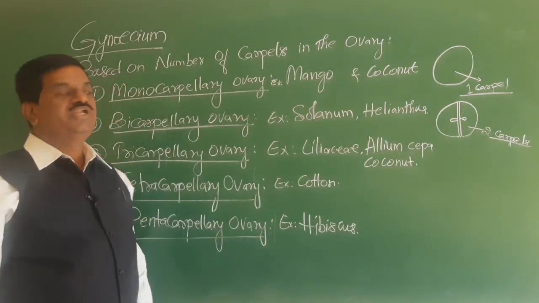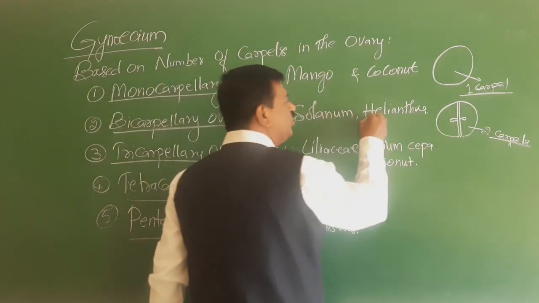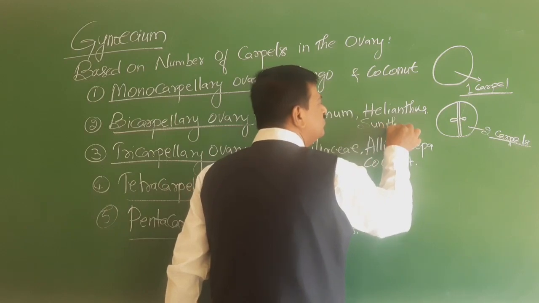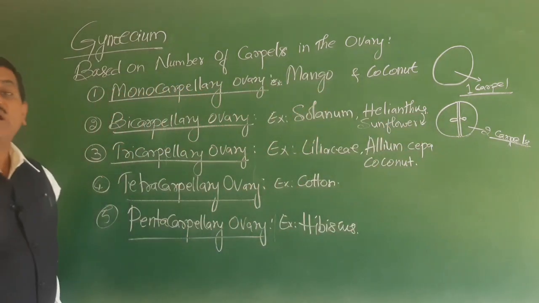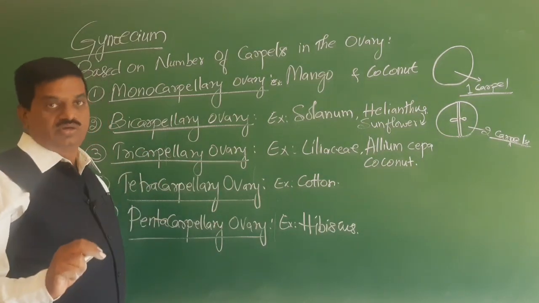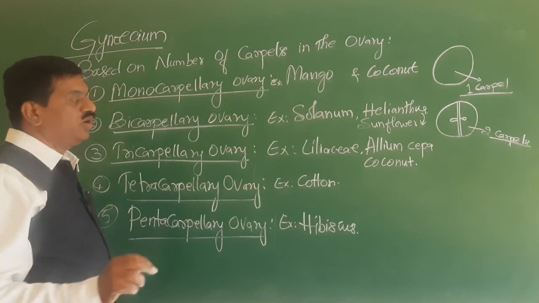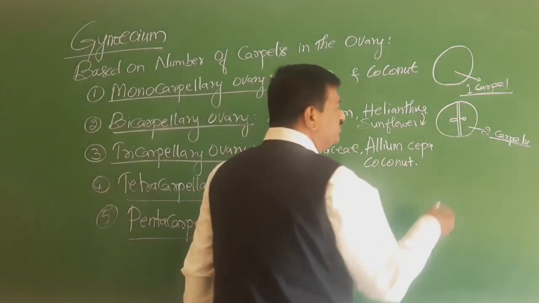You can notice it in Solanum and Helianthus. Helianthus is nothing but sunflower. You can see this. And simultaneously another word, bilocular. Next, tricarpillary. The meaning of tricarpillary is that in an ovary there are 3 carpels.